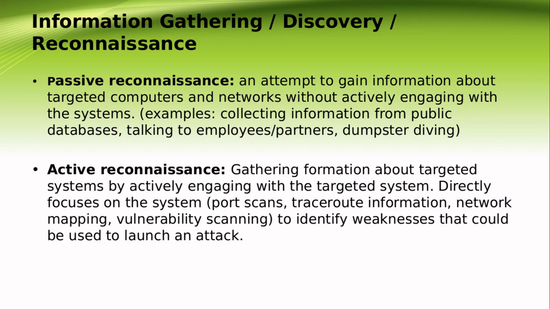And then active reconnaissance: gather information about targeted systems by actively engaging with the target system, directly focusing on the system using Nmap. There are a lot of tools around port scanning using Nmap, traceroute information, network mapping, vulnerability scanning to identify the weakness that could be used to launch an attack.